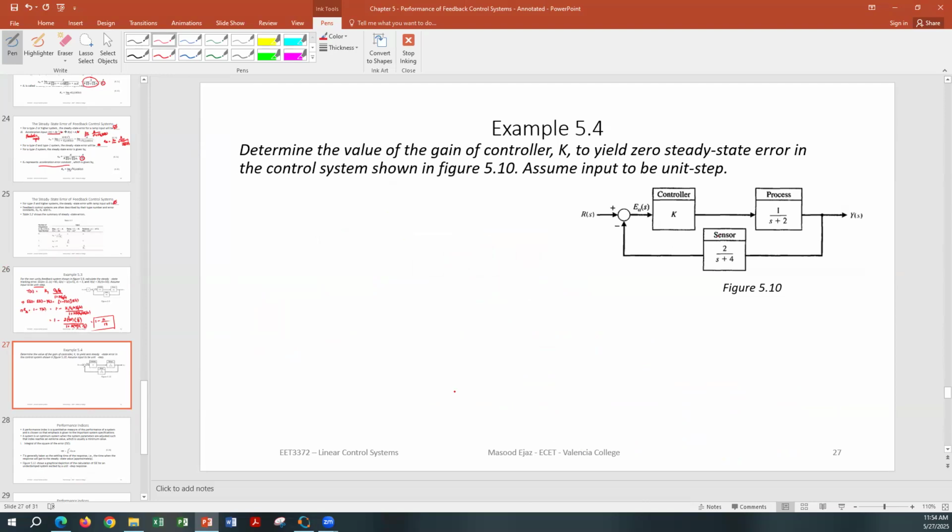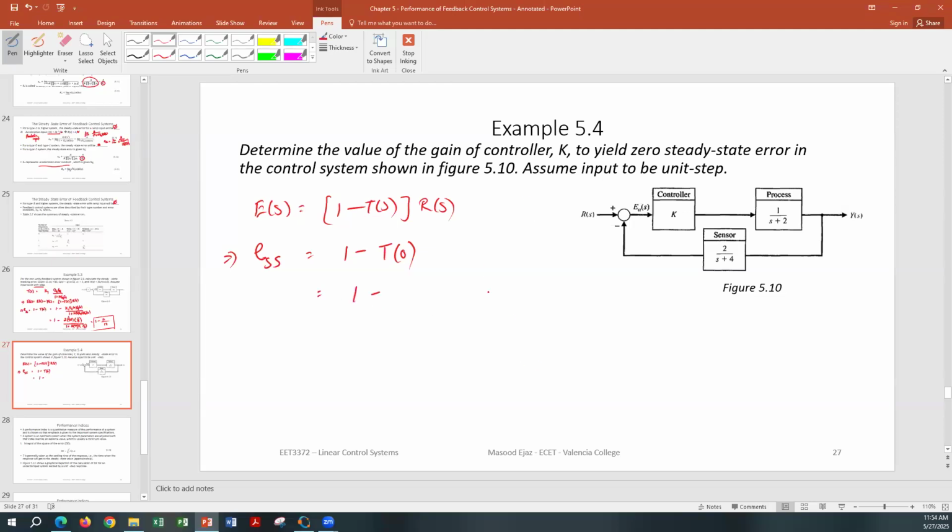So once again, our system is a non-unity feedback system, and the error, of course, is going to be 1 minus T(s) times R(s), and the steady state error, input is still unit step, is going to be 1 minus T naught.